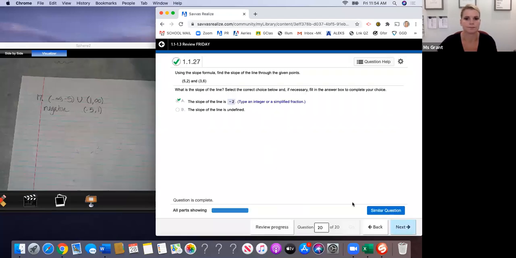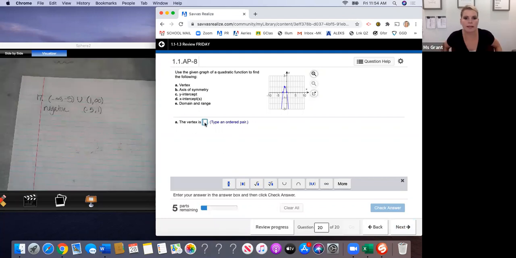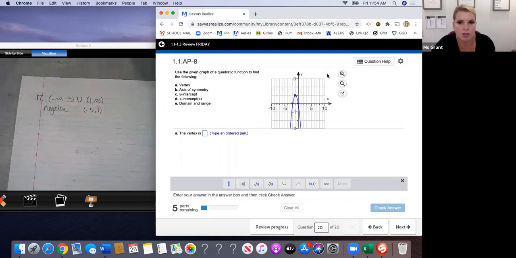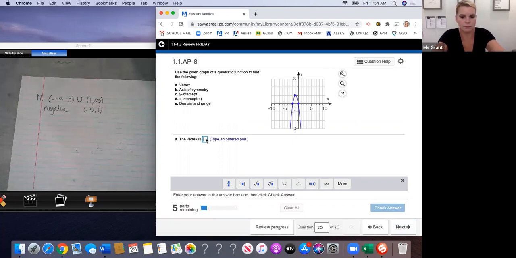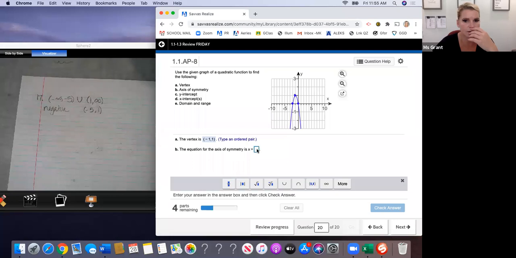Last question. Oh, great. I'm just going to go through and hit everything, right? We need to know all the key features. Let's get this super big. -1, 1. Okay. Axis of symmetry. X equals -1.